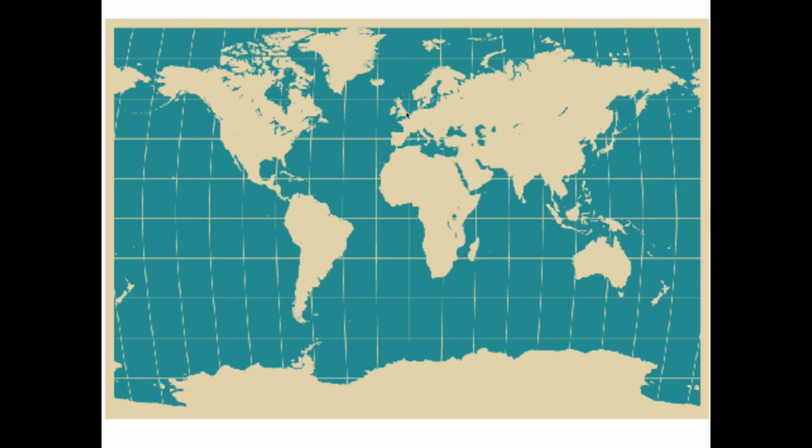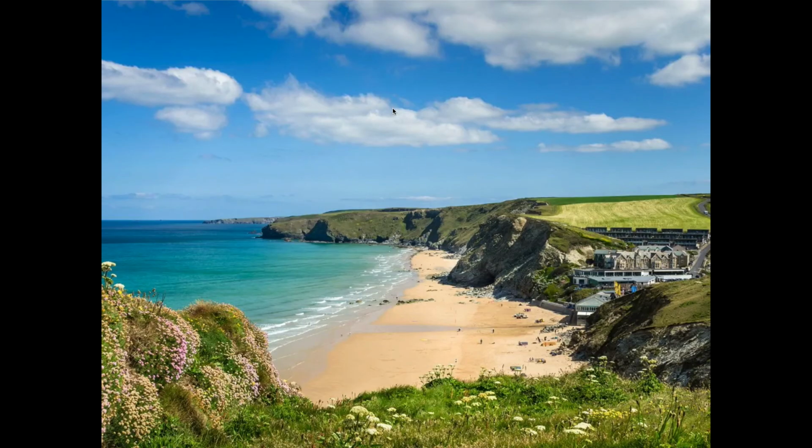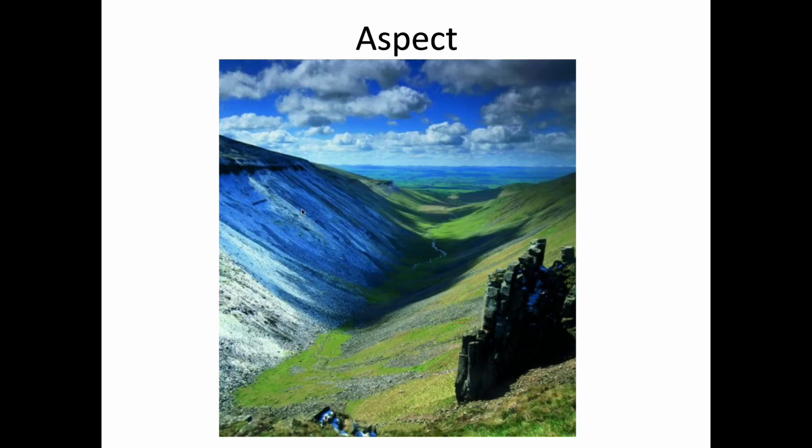The sun, therefore, is always south of the UK. This side of the valley is looking at the North Pole. It's a north-facing slope. This side of the valley is looking at the equator. Because the sun is always south of the UK, this side gets direct sunlight.